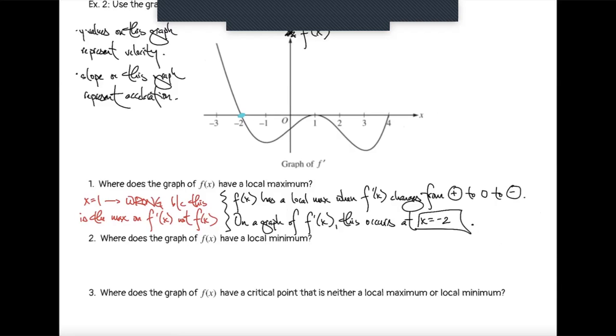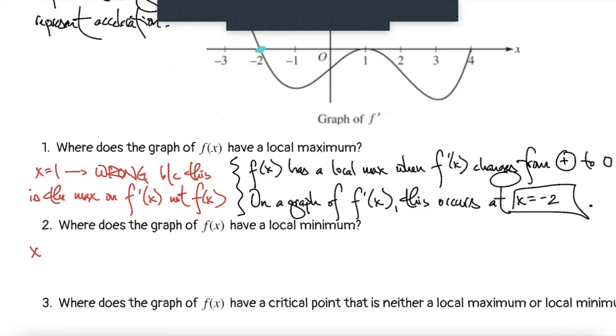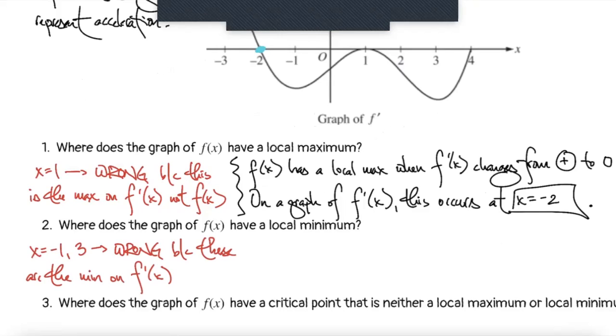Good, good, good. Okay. So x equals -1 and 3 are wrong because these are the minimum on f prime of x, not f of x. Okay.